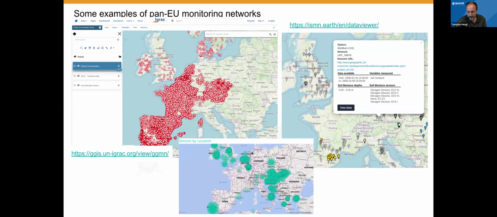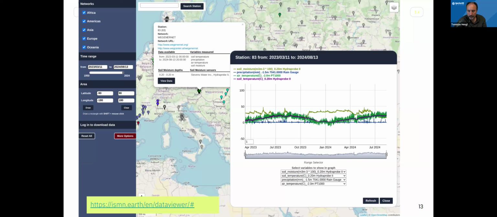These are also soil sensors where people voluntarily, citizen-science based, share data. So there's also more in situ data. It can also be very fine resolution. I think every minute there's a reading through the International Soil Monitoring Network. They have a lot of stations also contributed by different agencies, and you see it is spread around Europe.